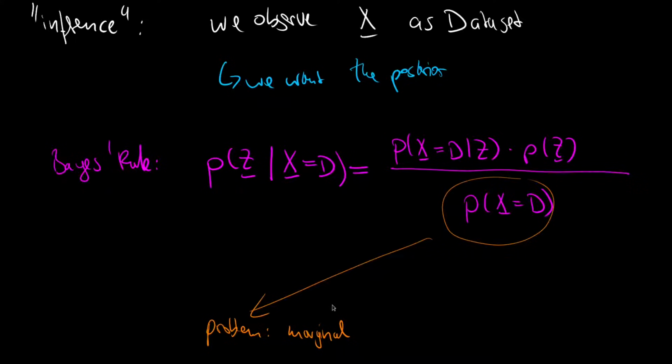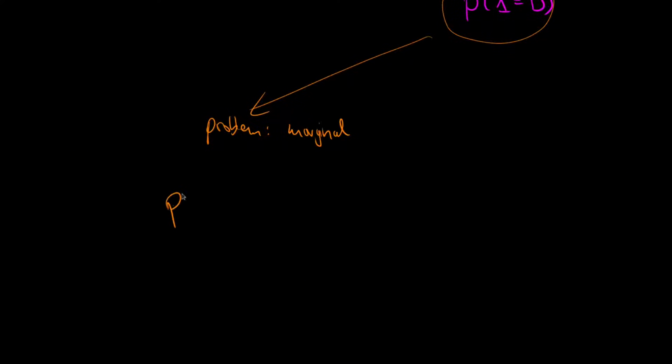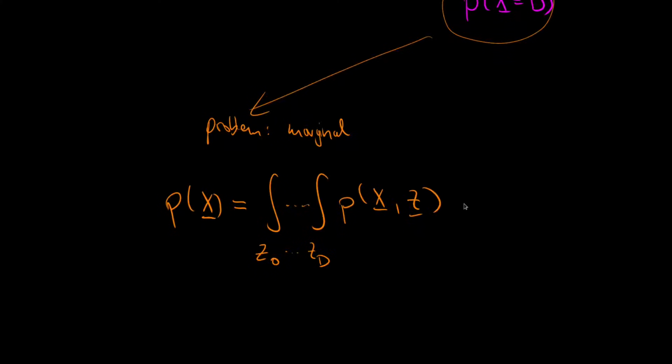The actual problem is that we could express the marginal, but it encompasses operations that are intractable. p of our random vector x is the integration over all latent random variables, from z_0 all the way to z_{D-1}, of the joint p of x and z, with dz_0 all the way to dz_{D-1}, of course, because we have D latent variables.